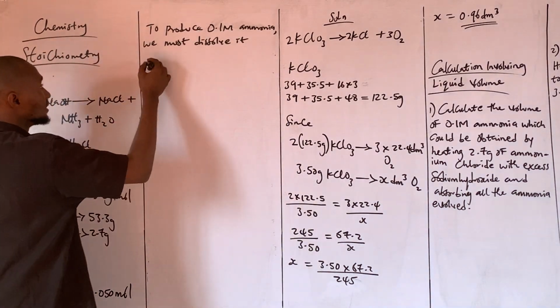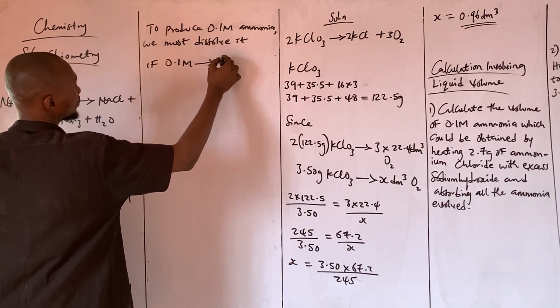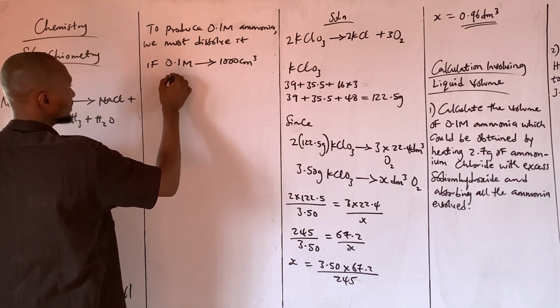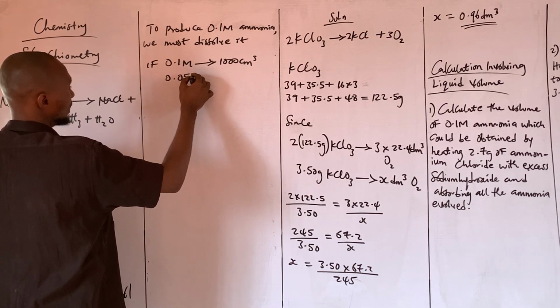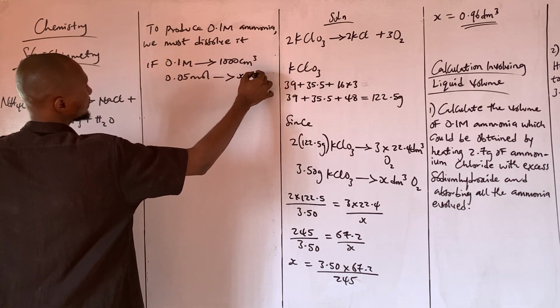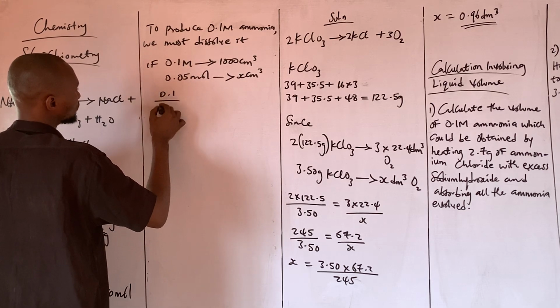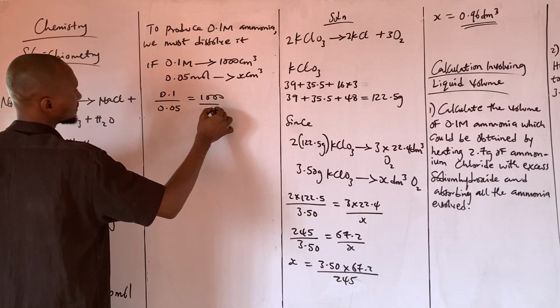How do you do that? We say if 0.1 mole is dissolved in 1000 cm cube, 0.05 mole will give us x cm cube. So 0.1 over 0.05 equal to 1000 over x.